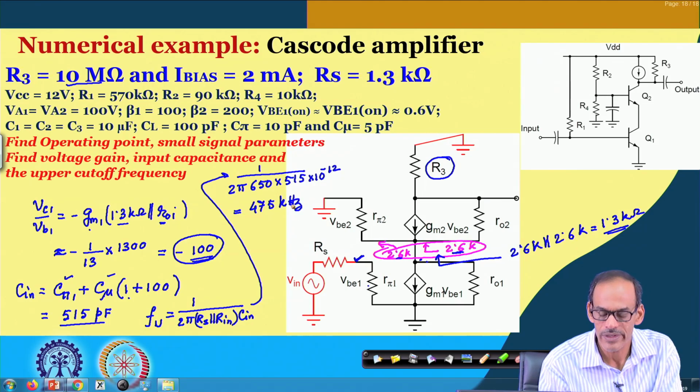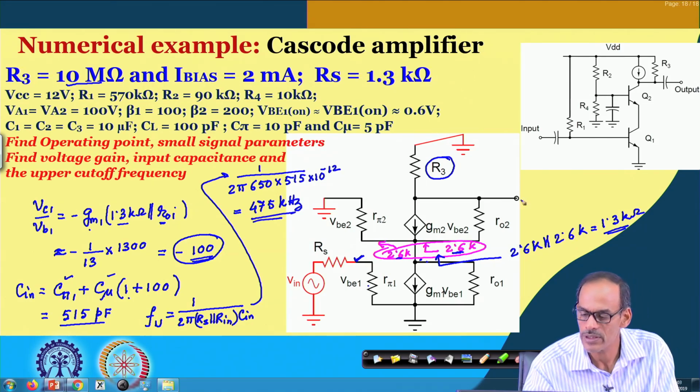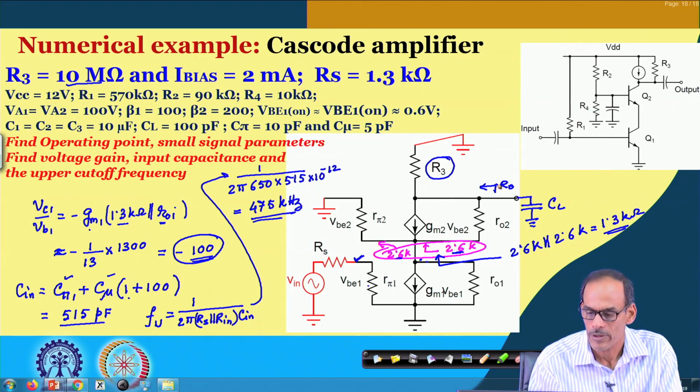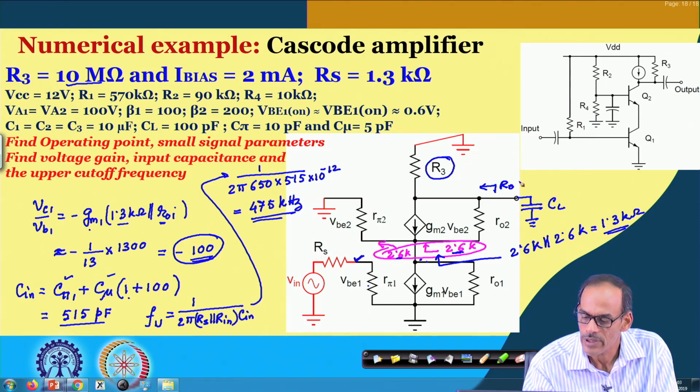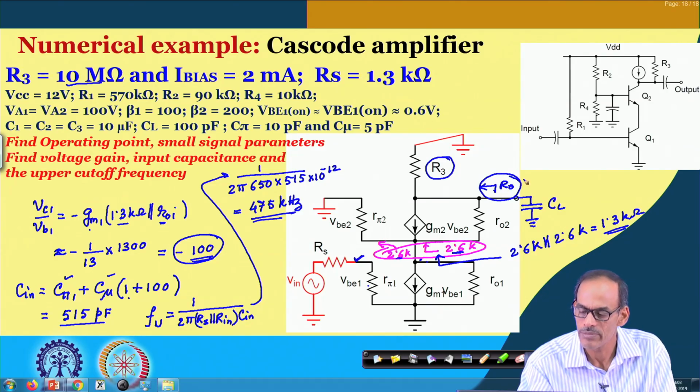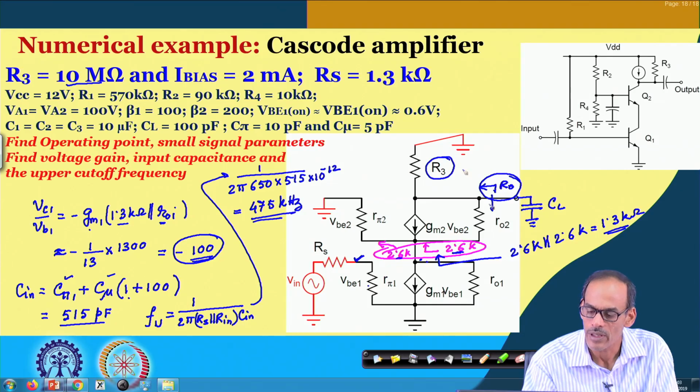And earlier we already said that the pole coming from the CL and this RO was quite small, but of course, now this output resistance is also getting increased, because the resistance on the lower side is 10 meg, and on the upper side it is 10 meg.